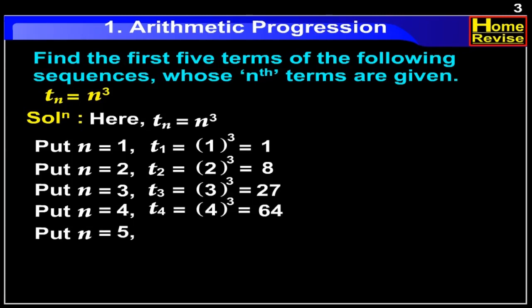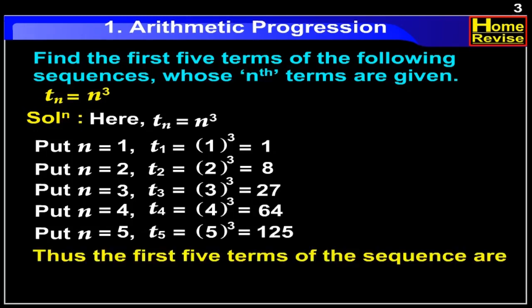For n is equal to 5, T5 is equal to 5 cube, which is equal to 125. Thus, the first 5 terms of the sequence are 1, 8, 27, 64 and 125.